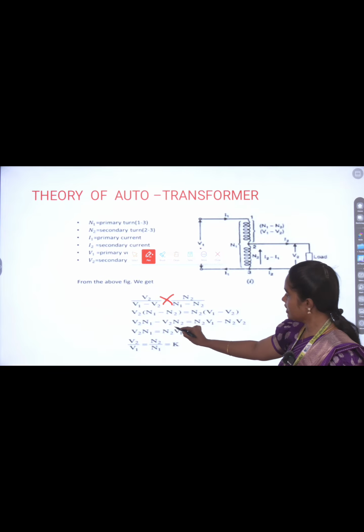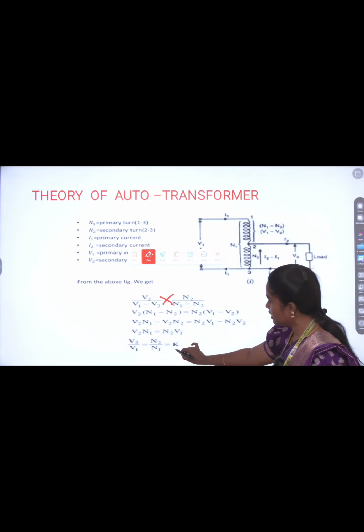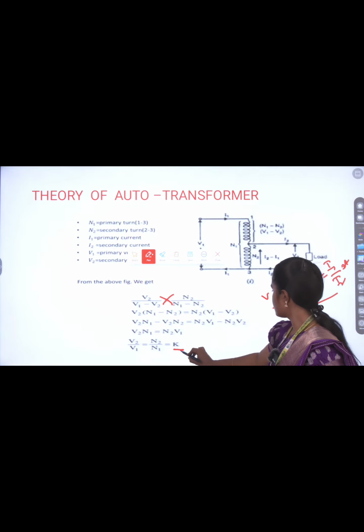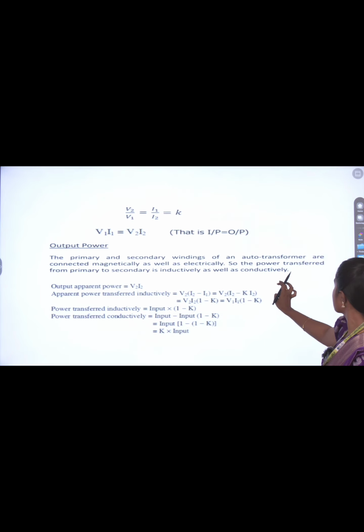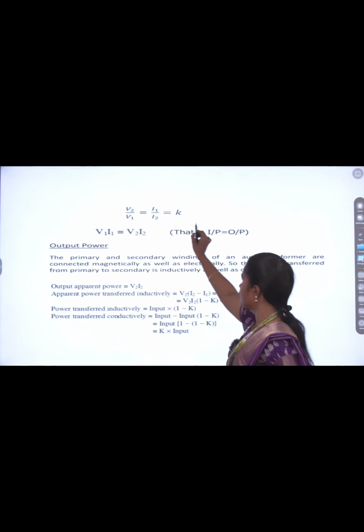Solving this equation and cancelling the similar terms, the final equation is V2 N1 equal to N2 V1. As the transformation ratio K, the formula is V2 divided by V1 equal to N2 divided by N1 equal to I1 divided by I2 equal to K. That is the transformation ratio of auto transformer. So that is the equation for transformation ratio.